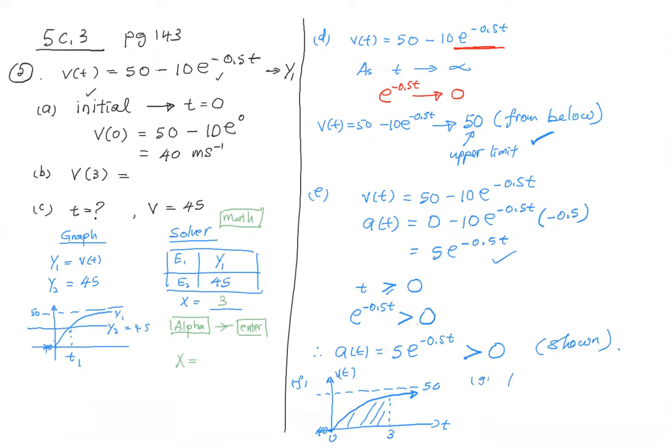So I can integrate from 0 to 3 of v(t) dt. That is in your y1 and you get the answer. The question didn't ask for an exact value, so you can just use your scientific graphic calculator and get the answer. Are you okay?